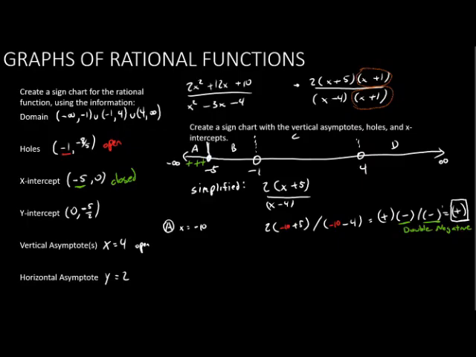Now we move on to region B, and region B goes from -5 to -1. Any number in that range will be fine, but I'm going to use x equals -2. Therefore, we'll have 2 times -2 plus 5 on top, and on the bottom we will have -2 minus 4.